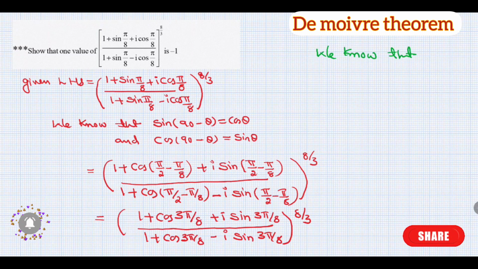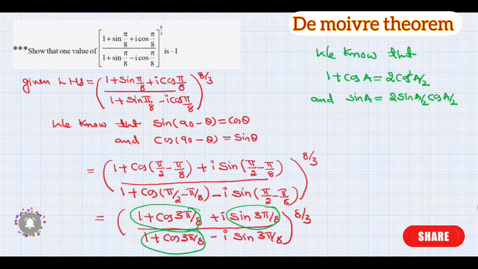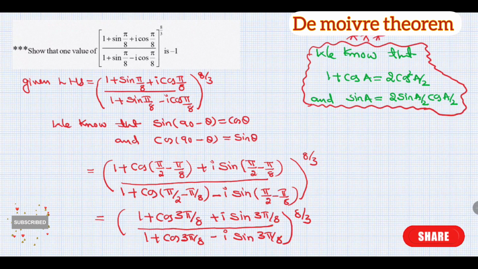We know the submultiple formulas: 1 + cos A in terms of cos is 2 cos² (A/2), and sin A equals 2 sin(A/2) cos(A/2). Apply these two formulas here, 1 + cos A and sin A.